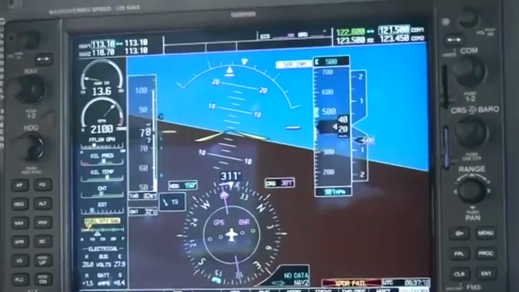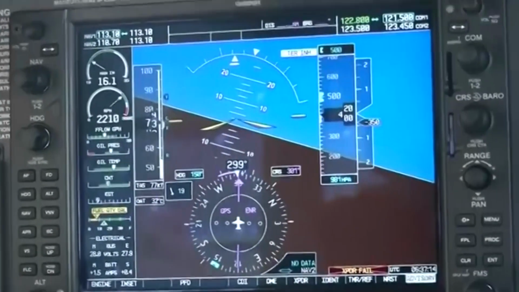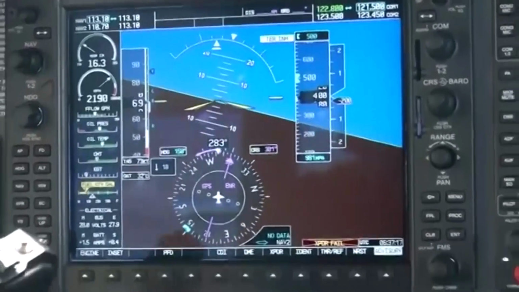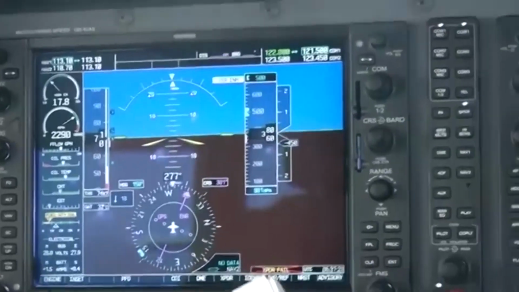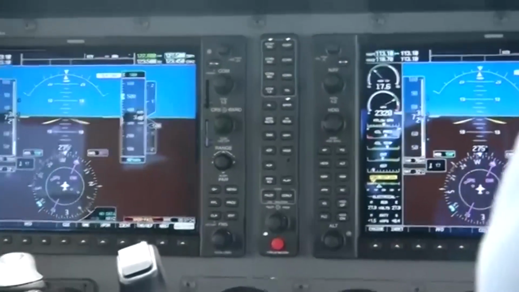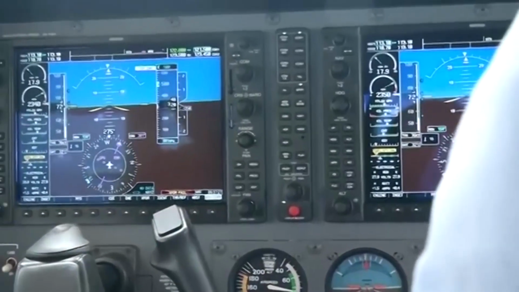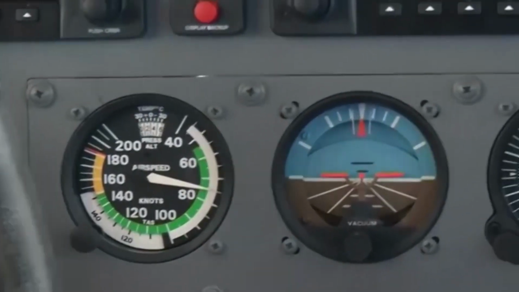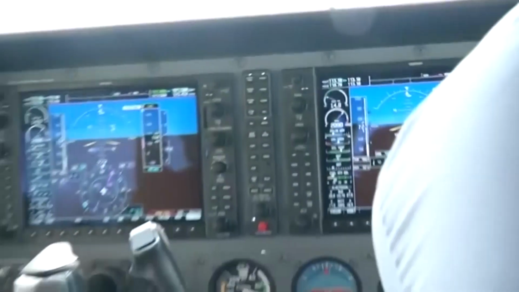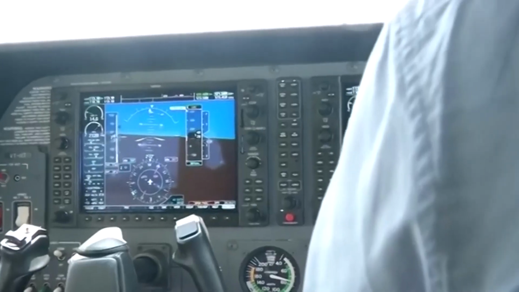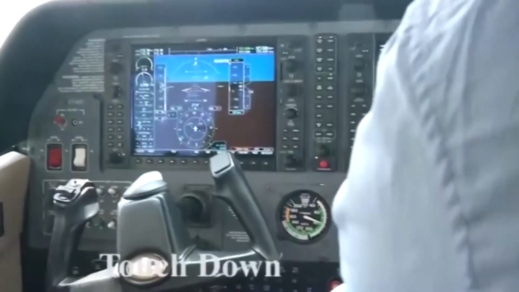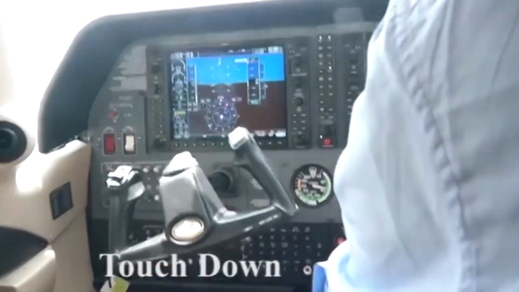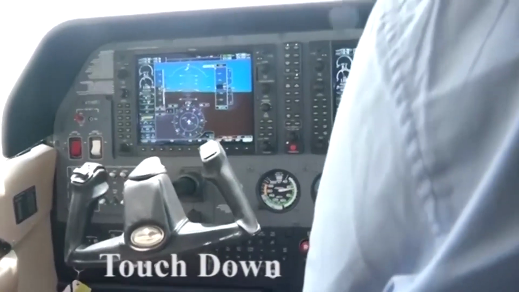Towards the runway. The altimeter, airspeed reduced, power is reduced, and here is the touchdown of the aircraft.